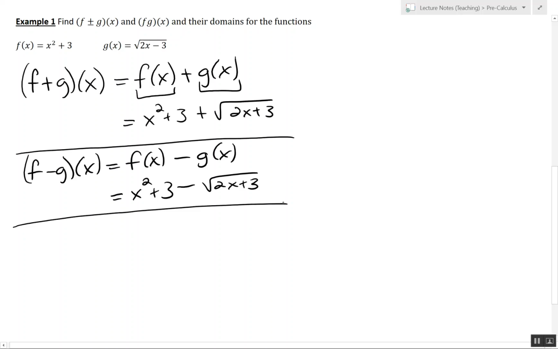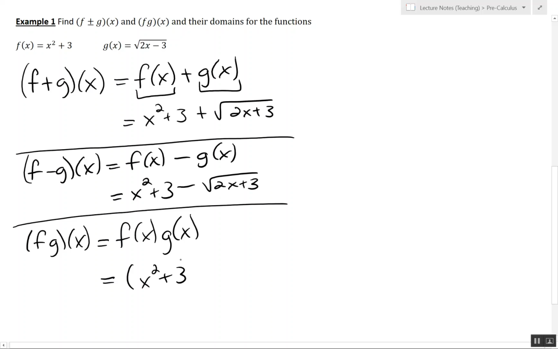Now lastly, we want to look at fg of x, which is an abbreviation for f of x times g of x. Now this one we'll have to do a little simplification for, since f of x is x squared plus 3, and g of x is the square root of 2x plus 3.